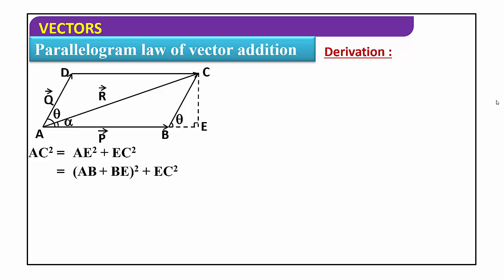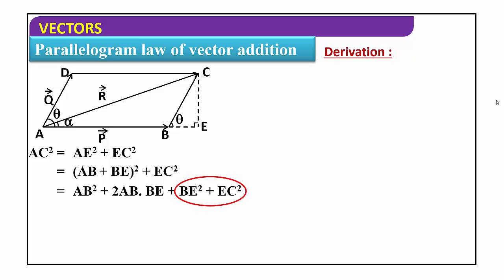Or in place of AE square, we can write AB plus BE whole square plus EC square. Now, AB plus BE whole square is of the form A plus B whole square. So, we can write AB square plus 2AB into BE plus BE square, plus EC square, keep as it is.